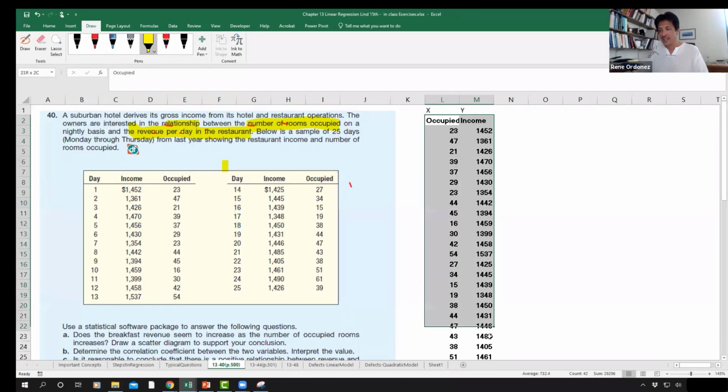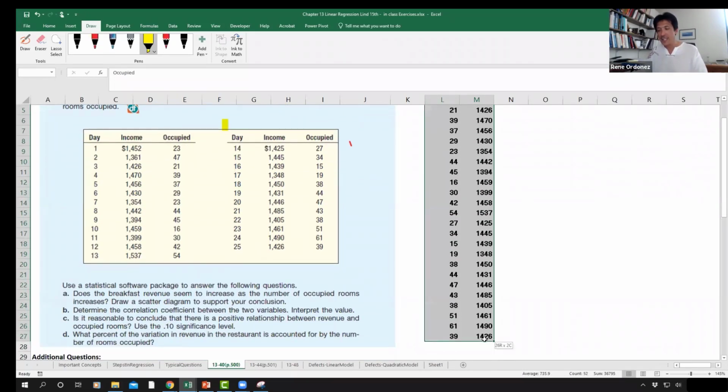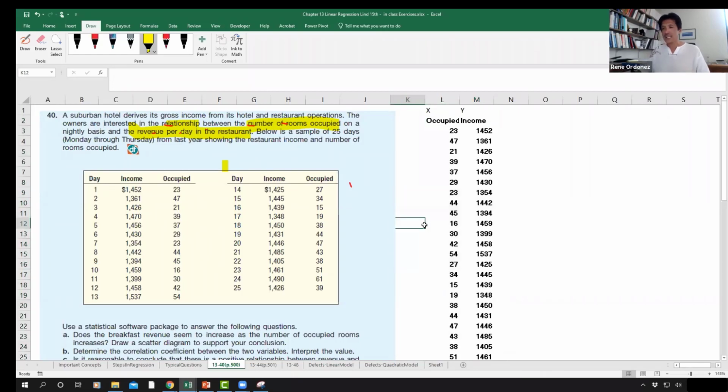So in anticipation of the graph, I would expect to see the number of rooms occupied on the horizontal axis, and the income by the restaurant on the vertical axis. Again, you want the predictor variable on the horizontal axis, and the response variable on the vertical axis.